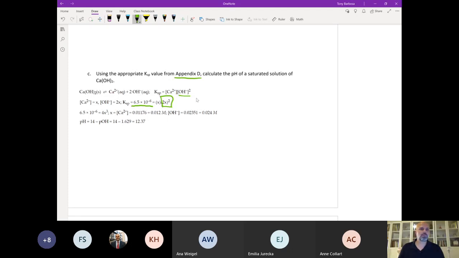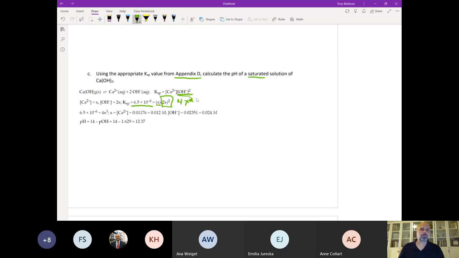And we're solving for the pH of that saturated solution. In order to do that, we have to calculate the concentration of hydroxide when we have reached the Ksp, basically. So when you first do this, the first part of this math is going to be 4x squared.